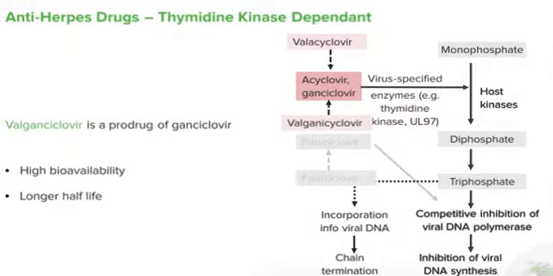Now, there is another agent that is a prodrug that I just wanted to mention quickly. Valganciclovir is a prodrug of ganciclovir. It has a very high bioavailability and a longer half-life. So I anticipate that this is going to be something that will come onto the market quite strongly and start to replace the ganciclovir.